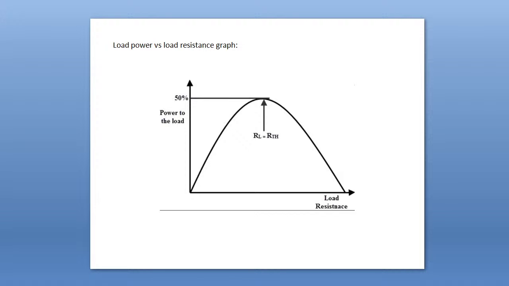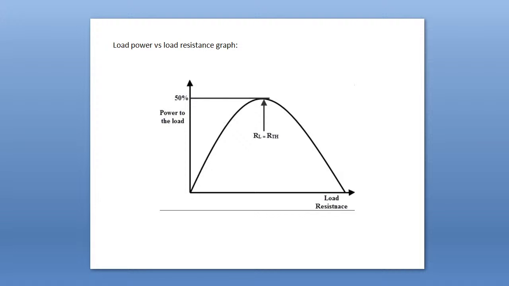Now if your circuit consists of resistor, capacitor, inductor, then what will be the condition for maximum power transfer? What will be the maximum power transfer condition for an RLC circuit? Can anyone give the answer to this question?